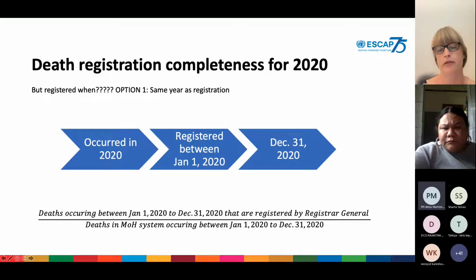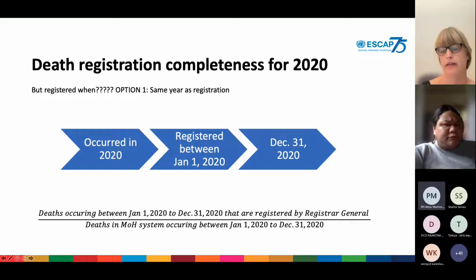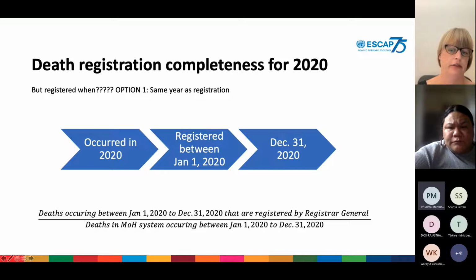There are several different options we can think about. If your death occurred in 2020, you can think about it as the death and the registration occurring in the same year. In that case, the death would have been registered sometime between January 1st, 2020 and December 31st, 2020.